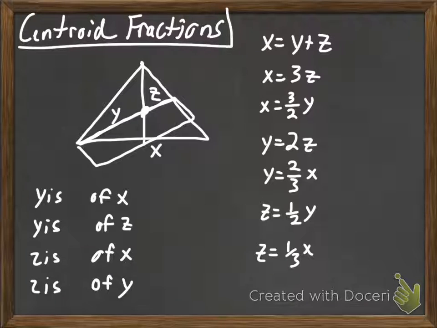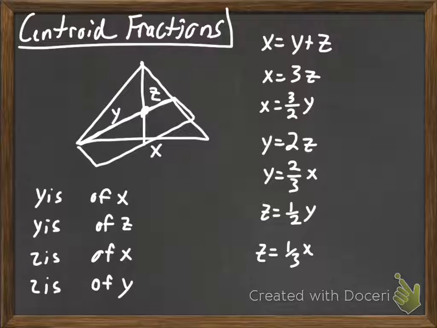But this is where I kind of have to help you and give you some of this information. X is also equal to 3 times z. So if you multiply z by 3, you'll get x. X is also equal to 3 over 2 times y. So if you know y and you multiply it by 3 over 2, you'll get x.